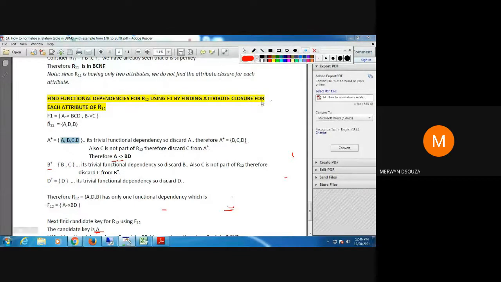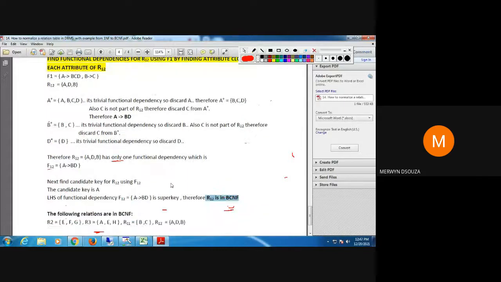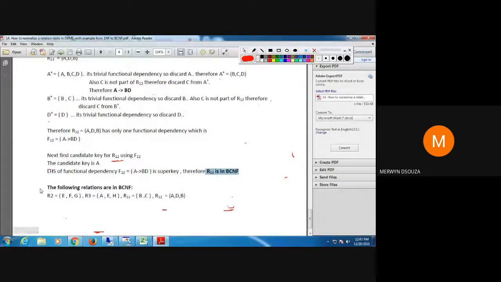Now there's nothing more to solve. R1 was divided into R11 and R12. We have already found that R11 is in BCNF, and that R12 is also in BCNF. These are the final list of your relations. R2 and R3 we had already found previously; these were in BCNF.